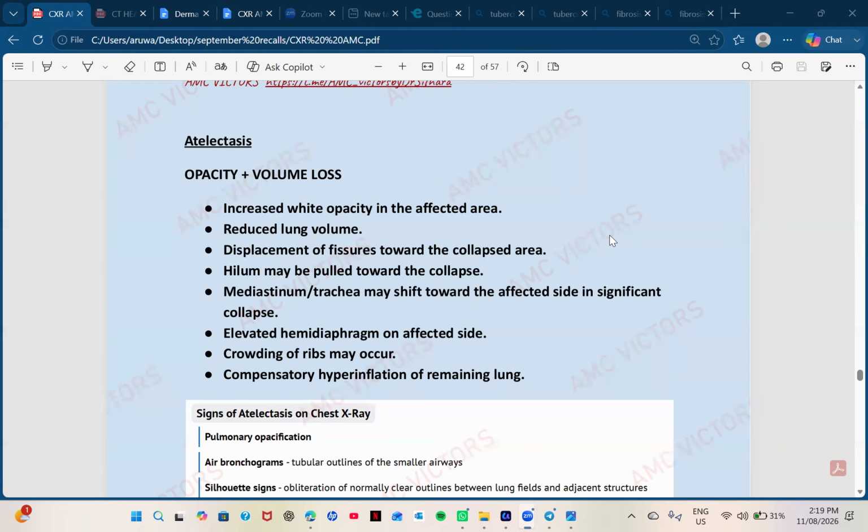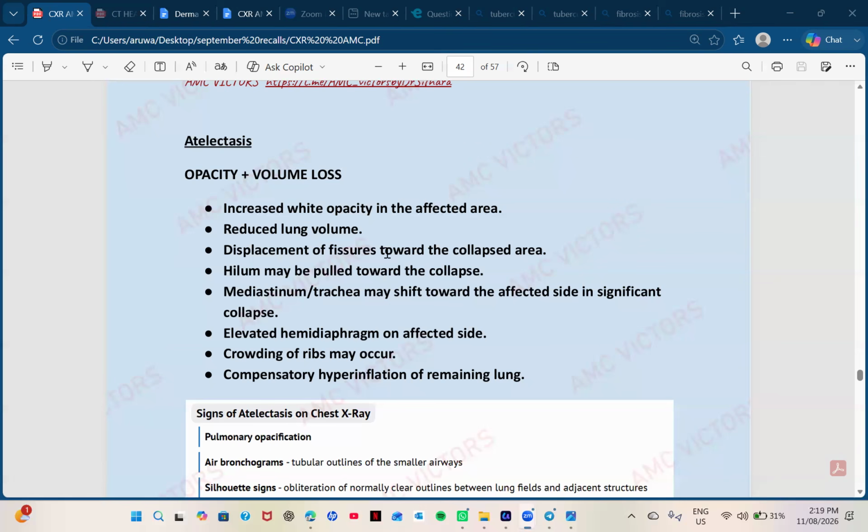What are the typical chest X-ray features? Here, what we are losing is the lung volume, very important.